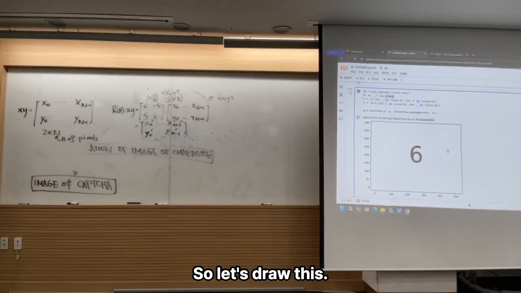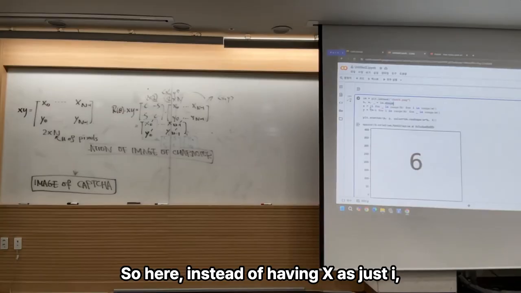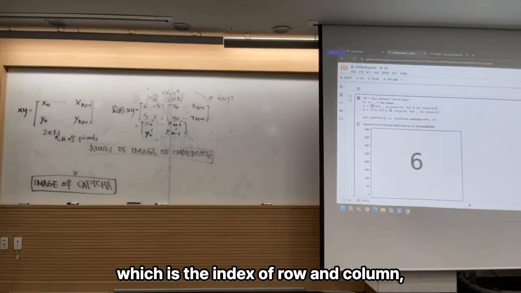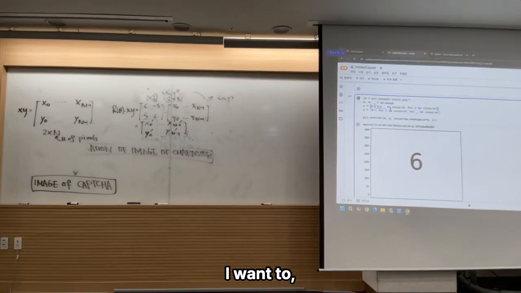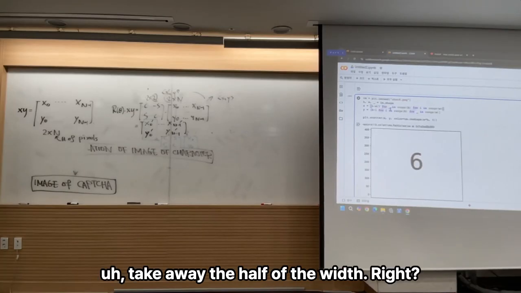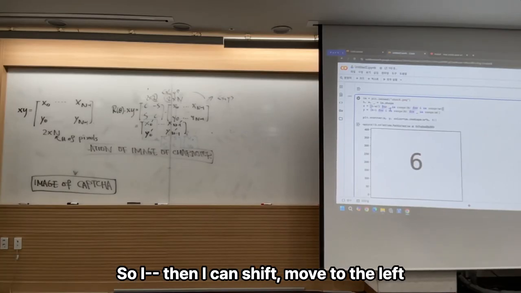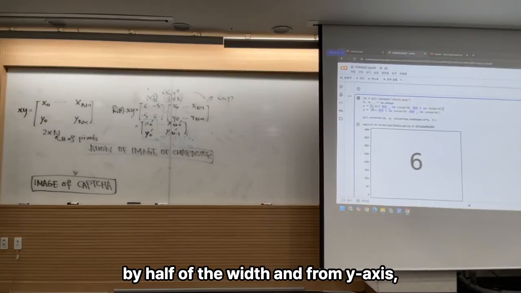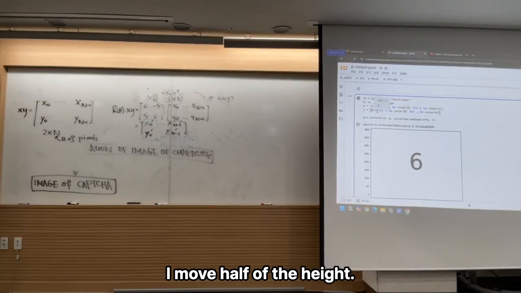So let's draw this. So here, instead of having x as just I, which is the index of row and column, I want to take away the half of the width, right? So then I can move to the left by half of the width. And from y-axis, I move half of the height.